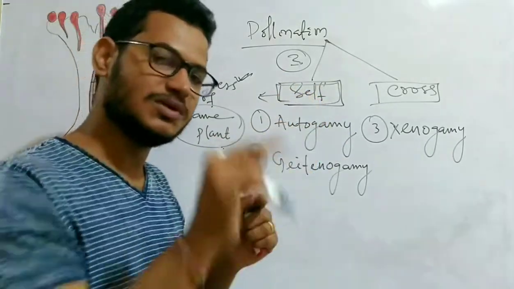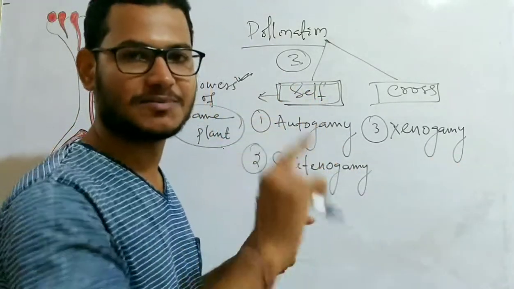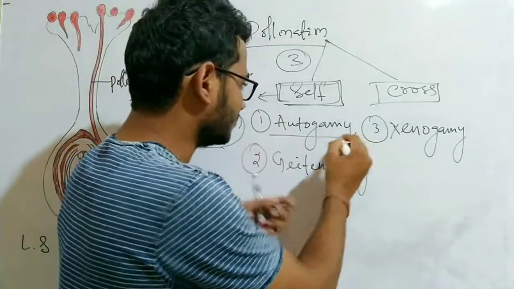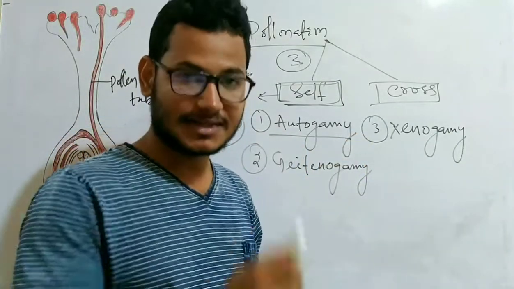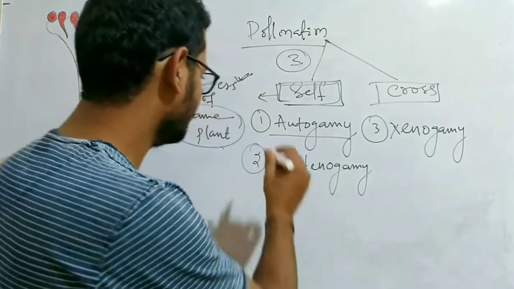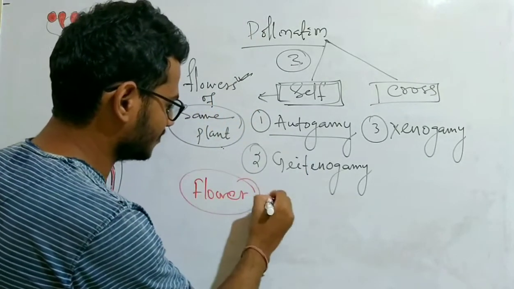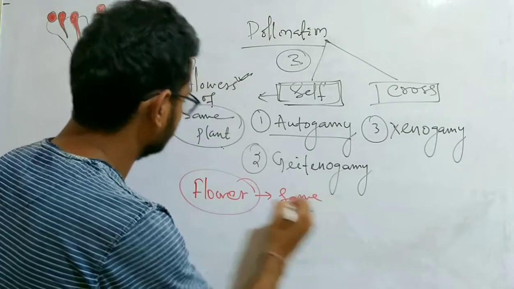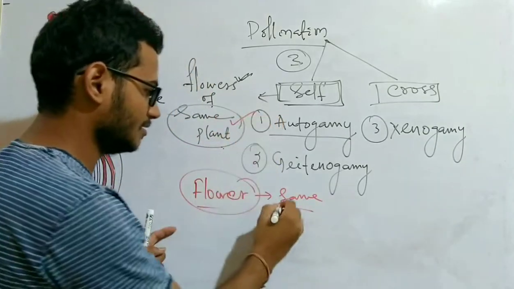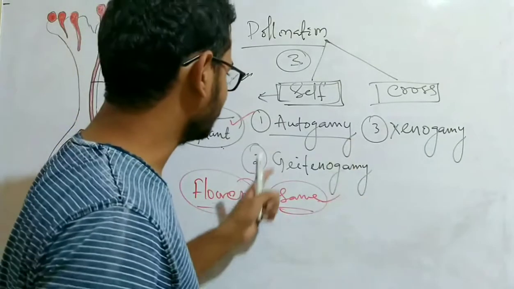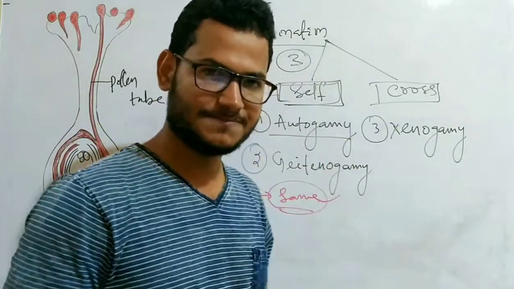Self means within that plant, within a specific plant. So the first one, autogamy, remember, in case of autogamy, the flower is same. The plant is same and the flower is also same. In that case, it is called autogamy.